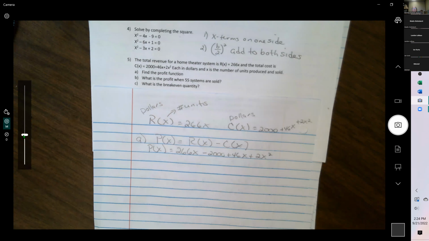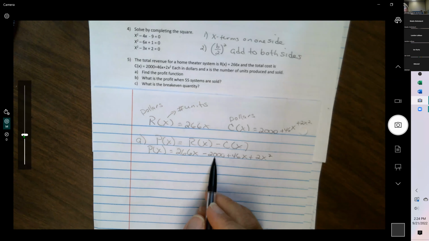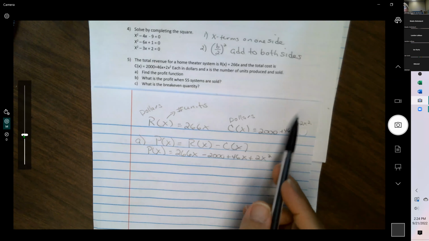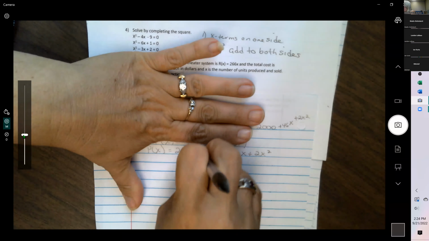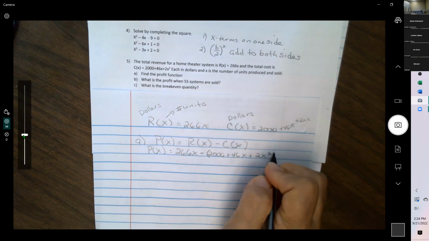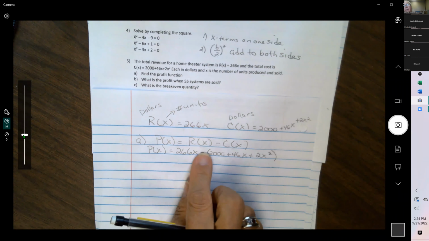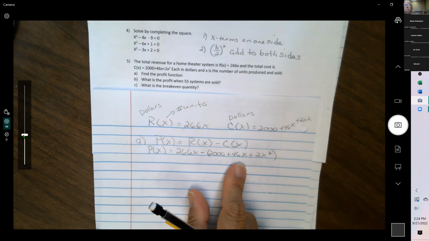Now, the biggest mistake that I find is you write it like I just did. But notice I'm only subtracting the 2,000, not my whole cost. So you have to put a little space. Subtract the whole quantity. This minus is going to change all of the signs with my cost function.